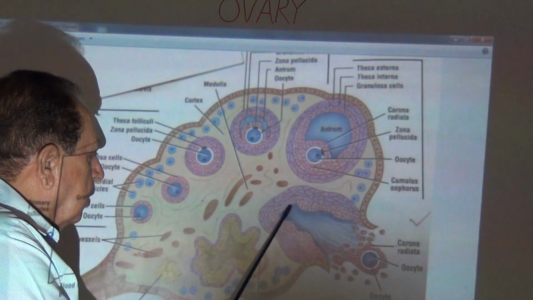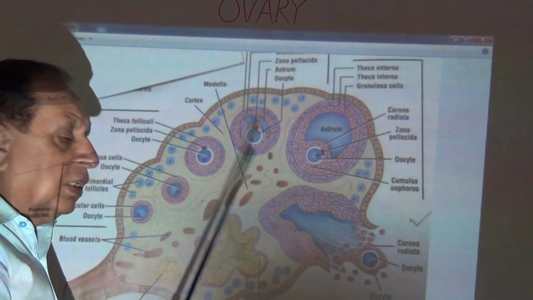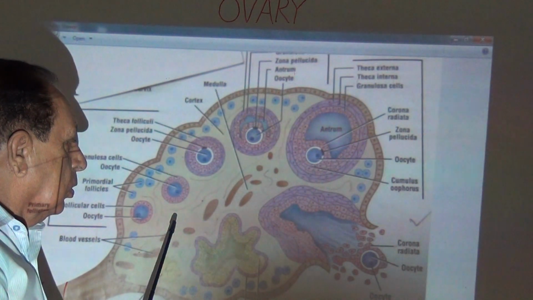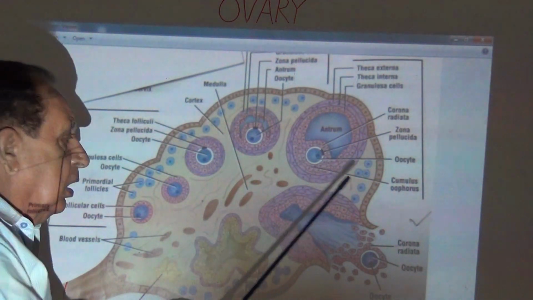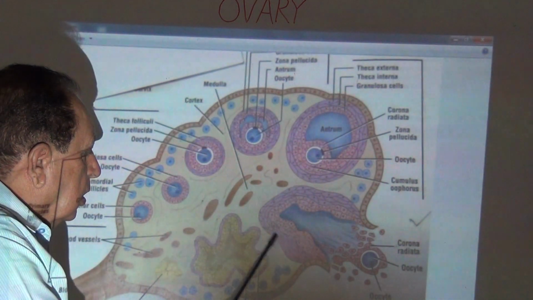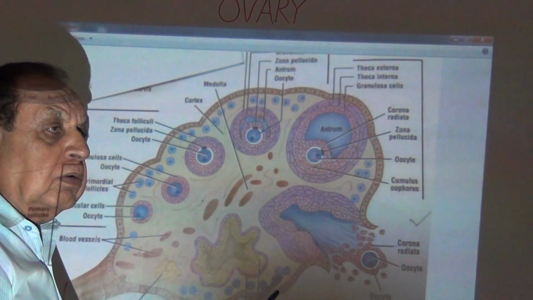The inner cellular portion of the corpus luteum secretes estrogen, while the outer portion, the theca interna, secretes both estrogen and progesterone.